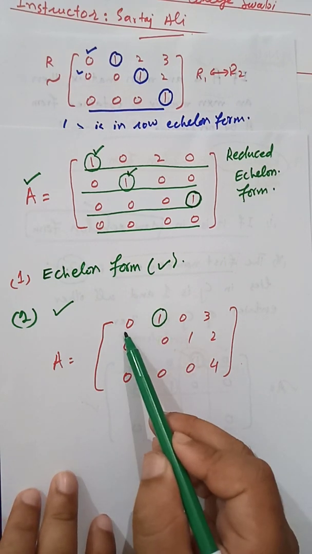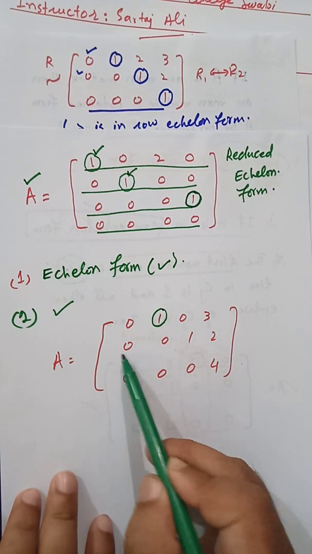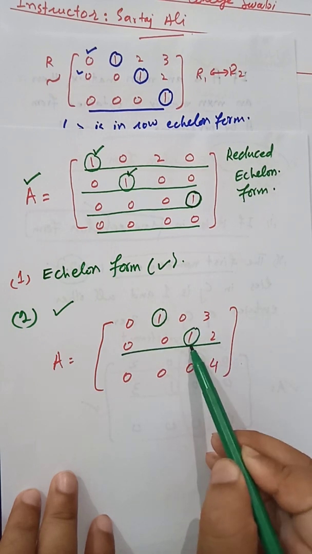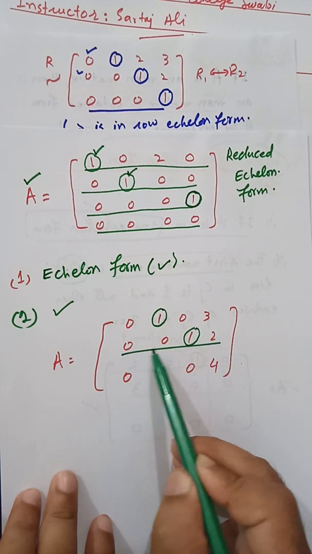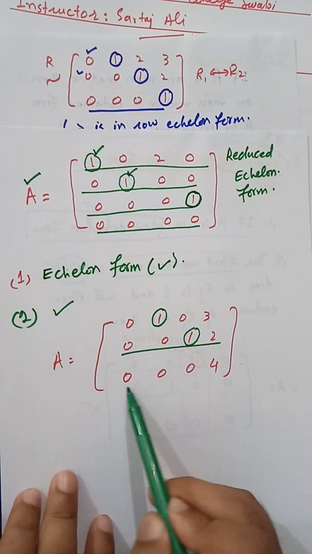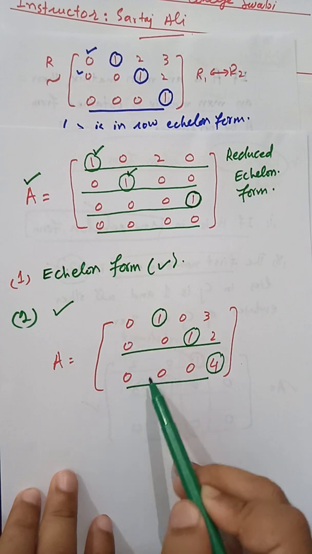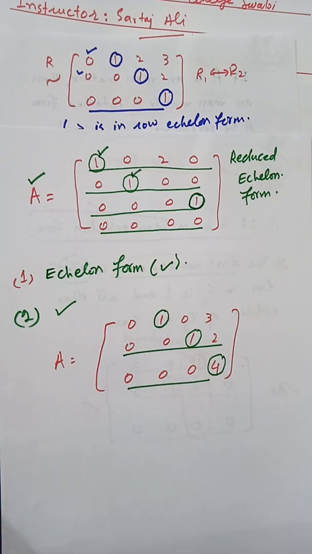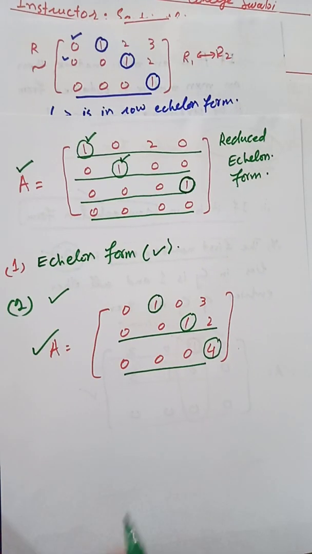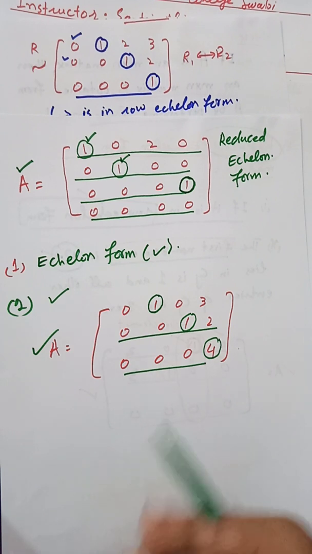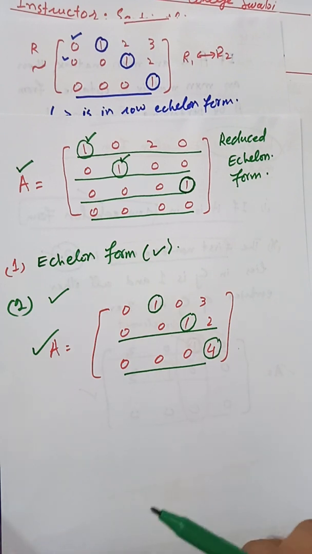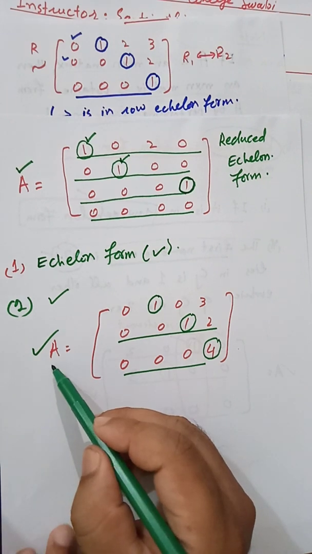Before the first non-zero entry, the number of zeros is 1. For the first non-zero entry of the second non-zero row, the number of zeros is 2, meaning increased, and this is the third non-zero row in which this is the first non-zero entry and the number of zeros is 3. So it means that row by row the number of zeros before the non-zero entry is increased. So this is in the echelon form. Now moving to the reduced echelon form, there is no zero row, so you don't need to check the condition for the zero row. Now this is in the echelon form.